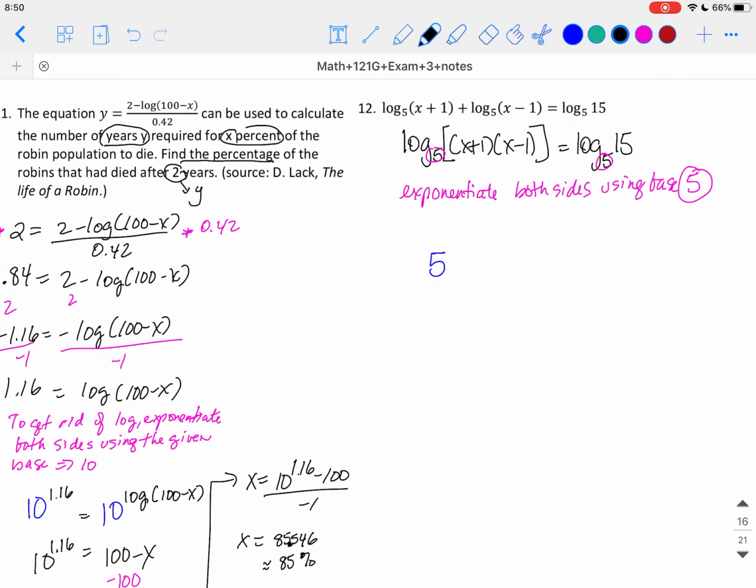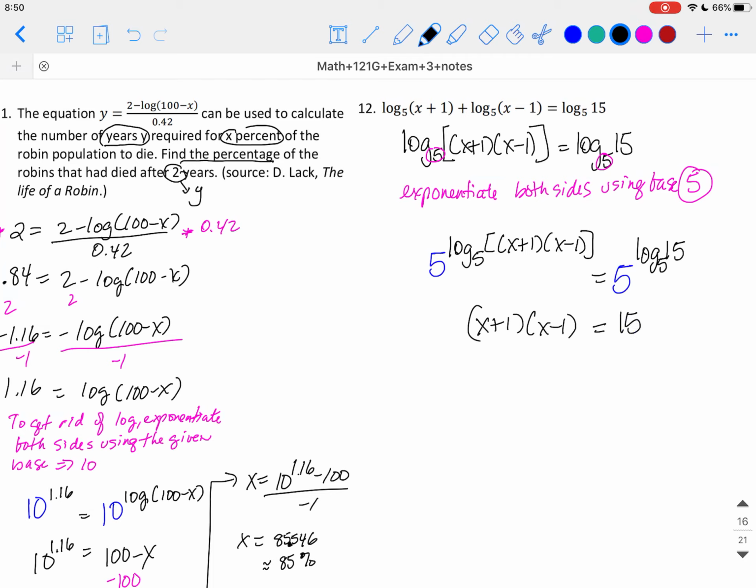Okay, so it's going to be 5 to the power of log base 5 of x plus 1 times x minus 1 is equal to 5 to the log base 5 of 15. So on the left hand side, using our properties, is just going to be x plus 1 times x minus 1. And on the right hand side is just 15.